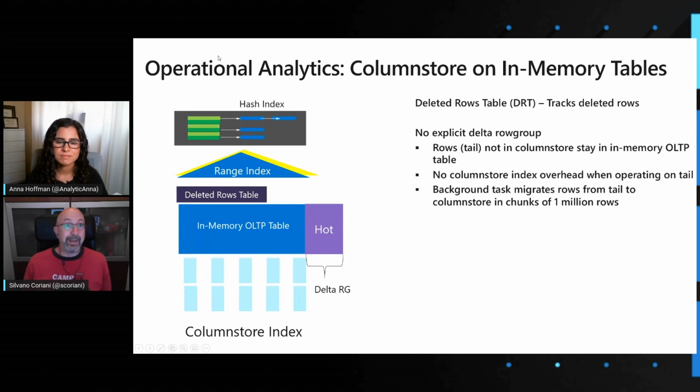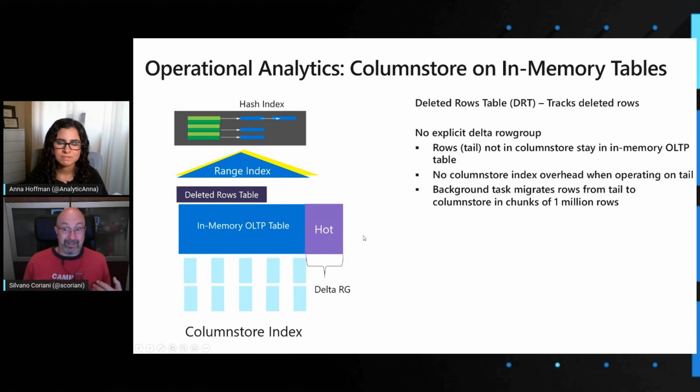The fact that we can guarantee this operational analytics and real-time analytics is because we are not freezing the data in this column store index when we create it, but we can accommodate new data. So the hot data, newly inserted rows or updated rows, will keep flowing into the same table.